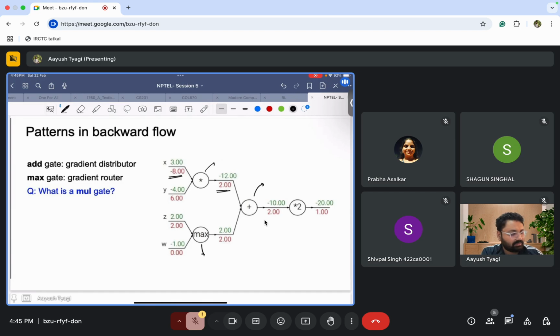Whenever you are writing a model, loss.backward actually computes the gradient, and you have an optimizer.step that basically updates the parameters.